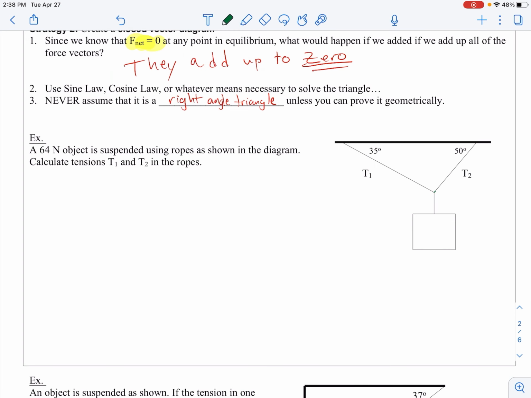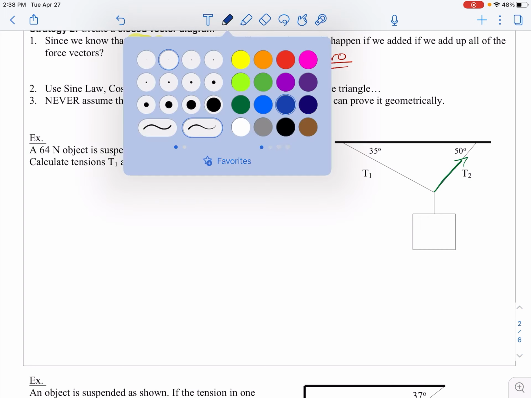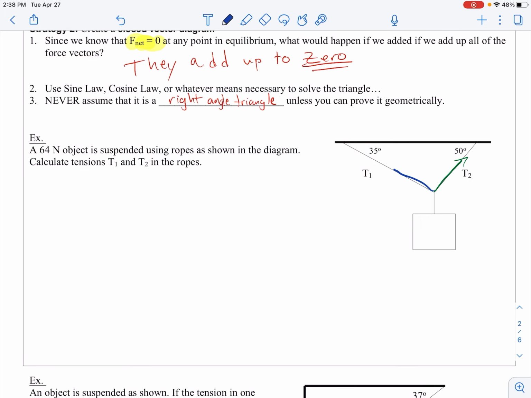Okay, so I have T2, I have T1, and then I have my mass here. Now, we're given that it is 64 newtons.